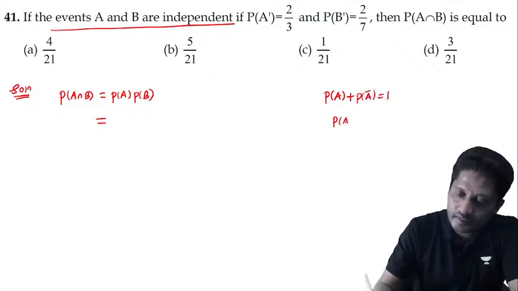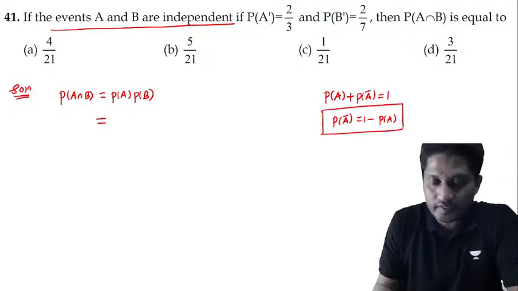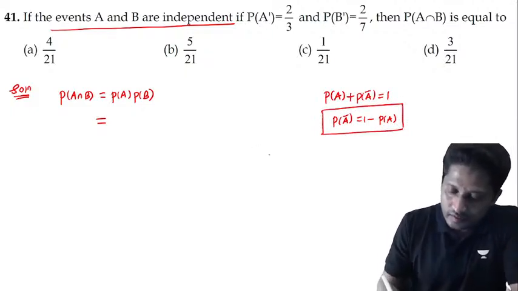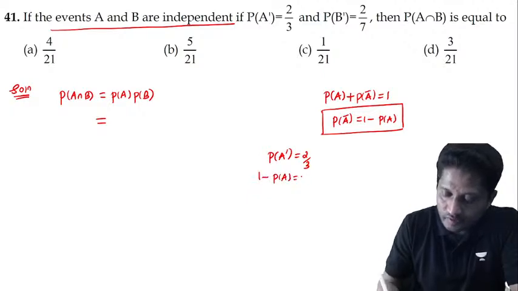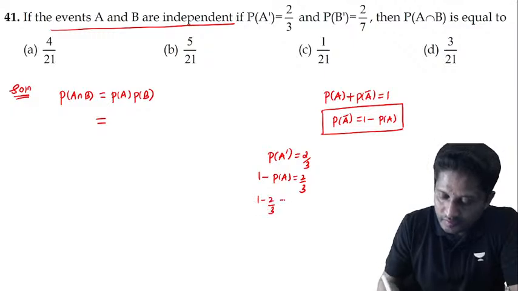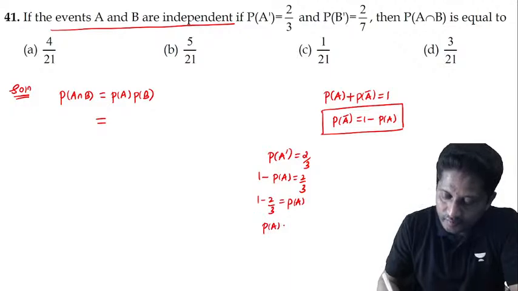From this, P of A bar is equal to 1 minus P of A. Now P of A dash is equal to 2 by 3, so 1 minus P of A is equal to 2 upon 3. 1 minus 2 by 3 is equal to P of A, and from this, P of A is equal to 1 upon 3.